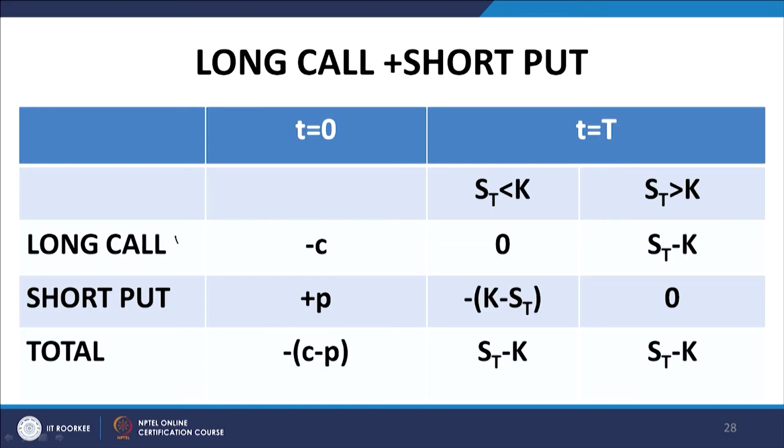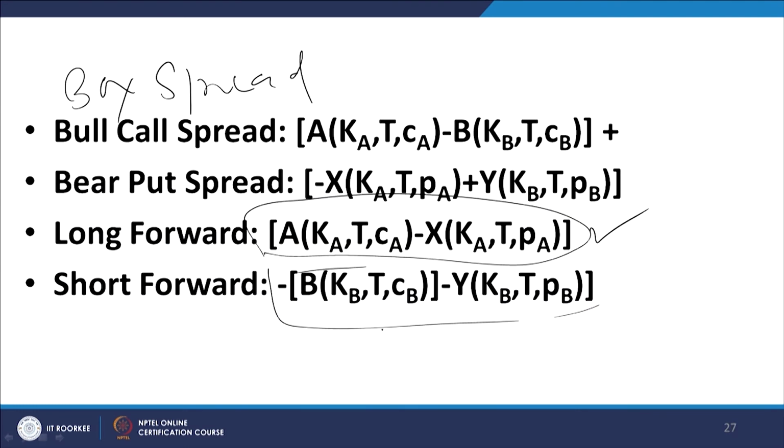At T equal to capital T, again we split it up into two partitions, S_T less than K, S_T greater than K. Long call gives you a payoff here, short put gives you a payoff here, and as you can see the total payoff is S_T minus K, which is the payoff of a forward contract. So, this is a long forward contract, and this other part is a short forward.